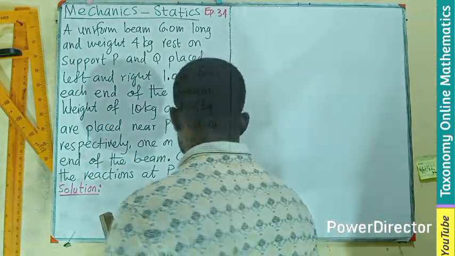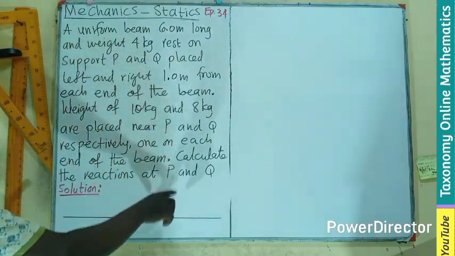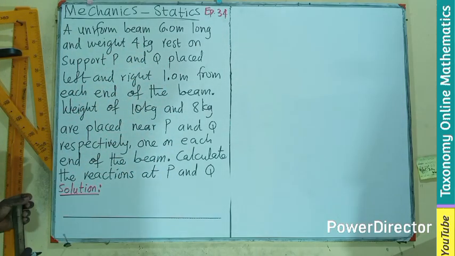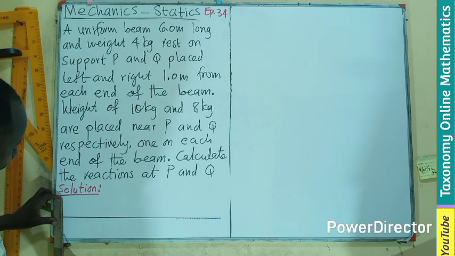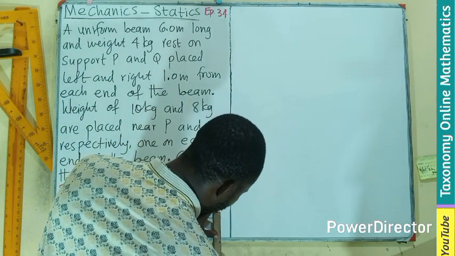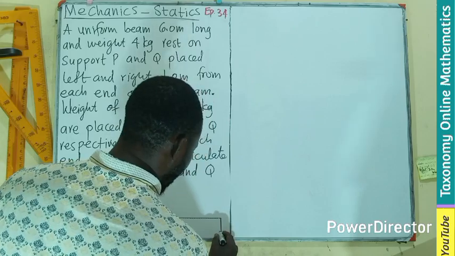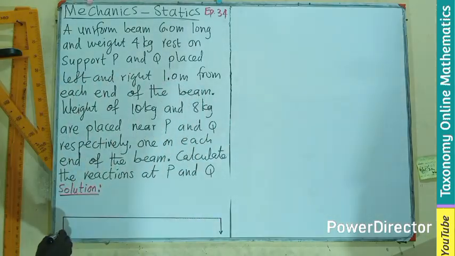Let's check that out. As we have the beam, this is our beam, which is 6 meters long. We are bringing a weight at the end here, and there is going to be a weight at the end here as well. Remember, we don't have enough space, so we will manage.